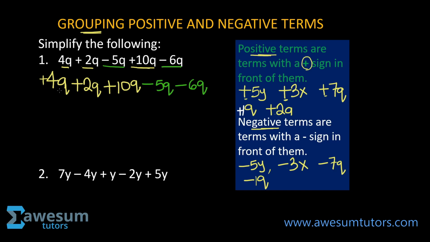Now if you add this right here, you realize that this is 4q plus 2q, that's going to give you 6q, plus 10q, that's going to give you 16q.